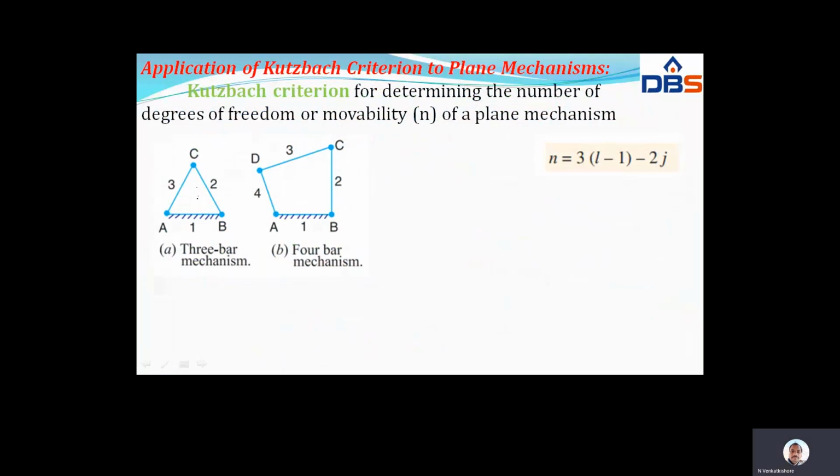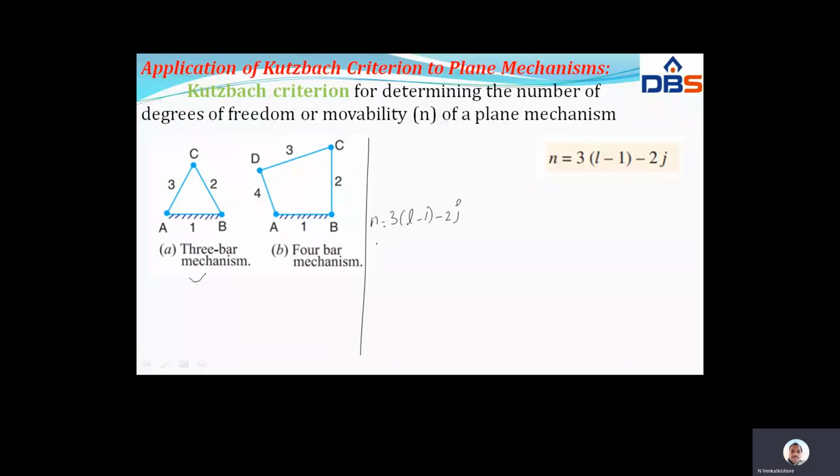So here the mechanisms are there. If you see diagram A, that is a 3-bar mechanism. In this 3-bar mechanism, we derive the n value, that is n equals 3 into L minus 1 minus 2j.